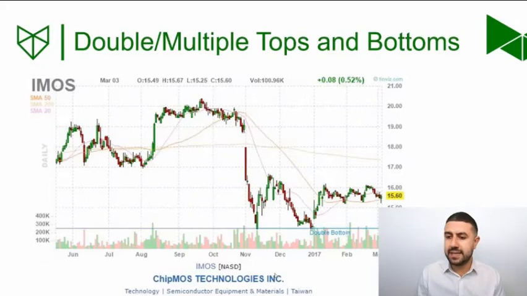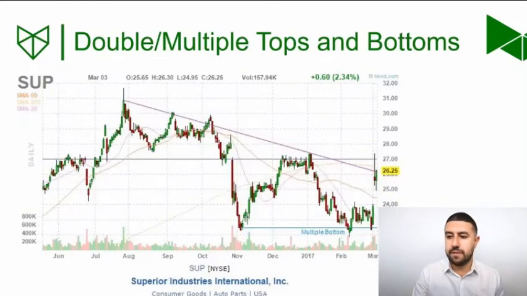So that being said, this is what a double bottom or a multiple bottom would be. If I have another chart here, if you look at this, we have a multiple bottom. It touches a level here, comes back to it, goes back up, comes back to it. So again, if you would have just seen this double bottom, then you might have been able to buy here and make profit on this move.